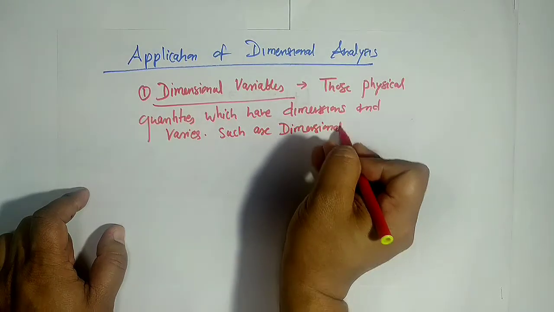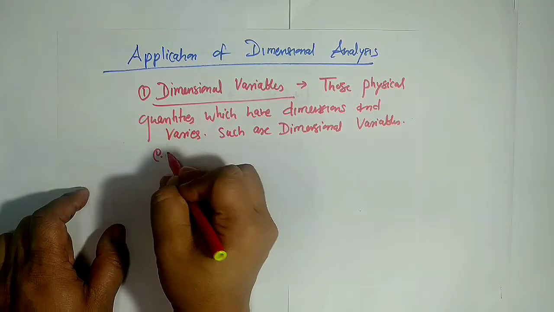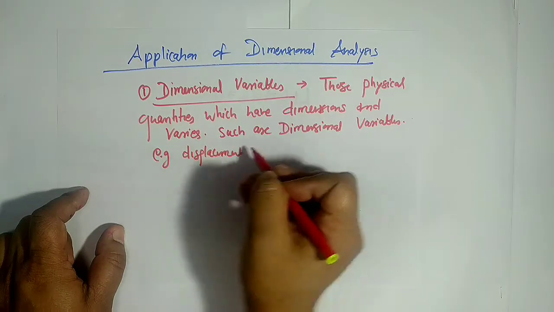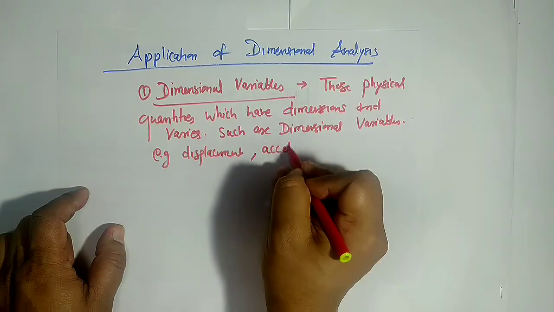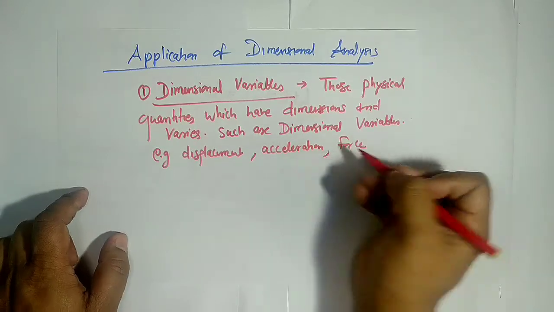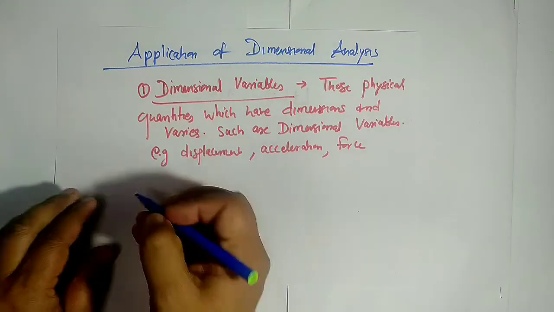Now most of them we see are dimensional variables. For example, if I ask you what is displacement, I said dimensional variable, acceleration, force, etc. These are all dimensional variables because they have a dimension and they vary.